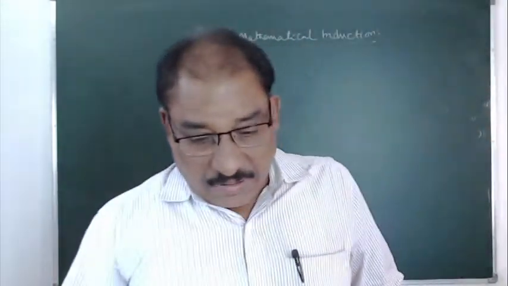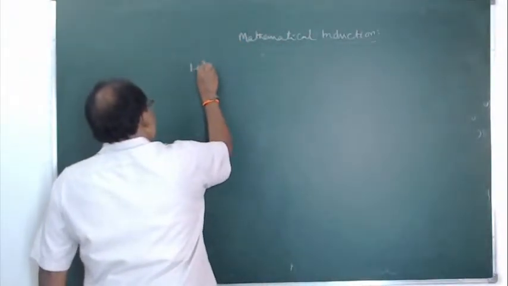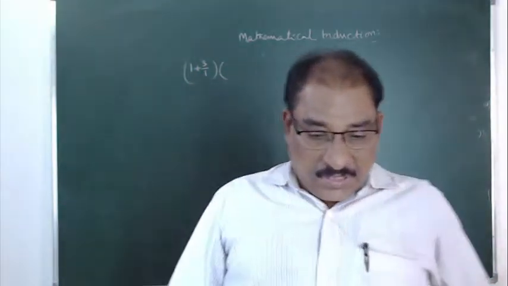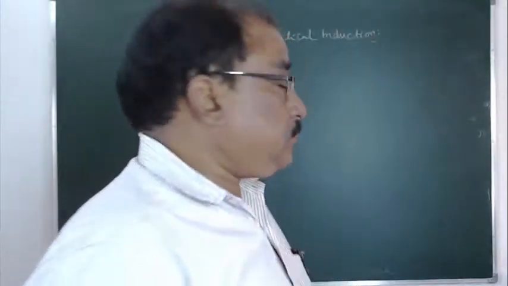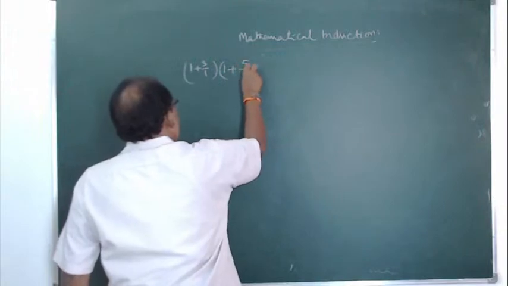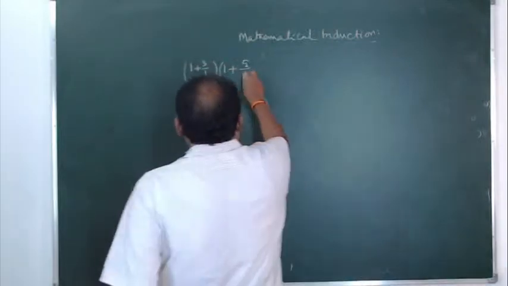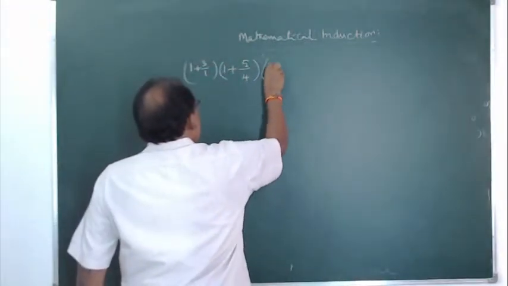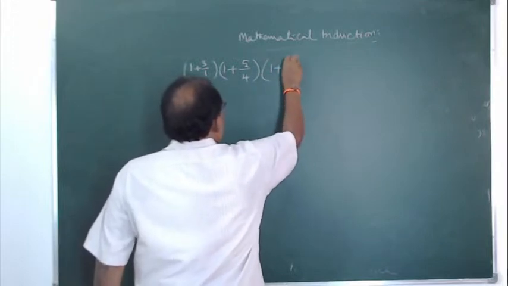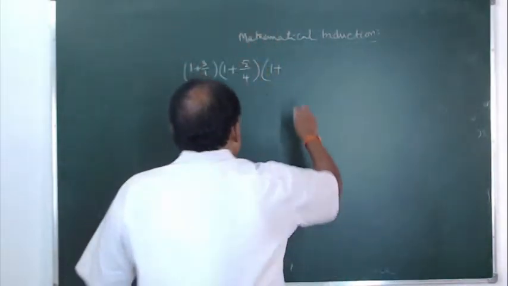And the eighth problem is: 1 plus 3 by 1 into, this is a multiplication series, 1 plus 5 by 4 into 1 plus 7 by 9.